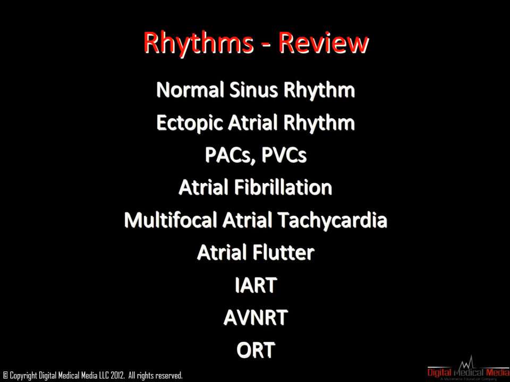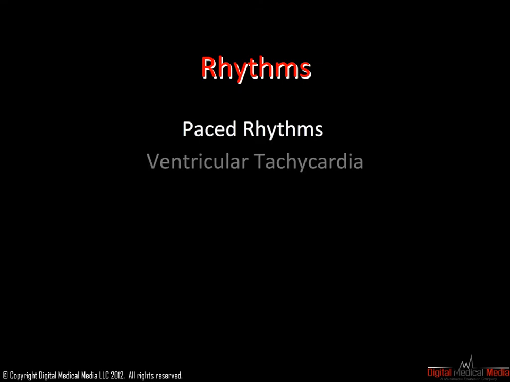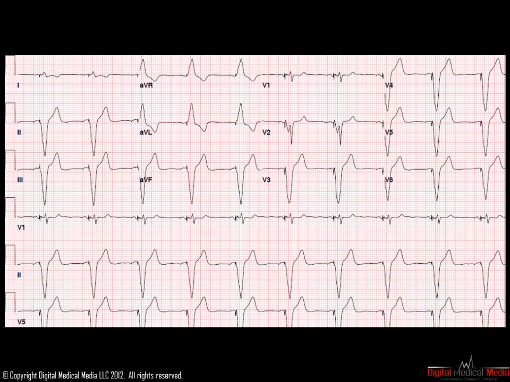The final two rhythms which you must be prepared to correctly interpret on a 12-lead ECG are rhythms that are paced and rhythms which originate in the ventricle, otherwise called ventricular tachycardia. When we are looking at electronically paced rhythms, we are only interested in whether the pacemaker has one or two wires.